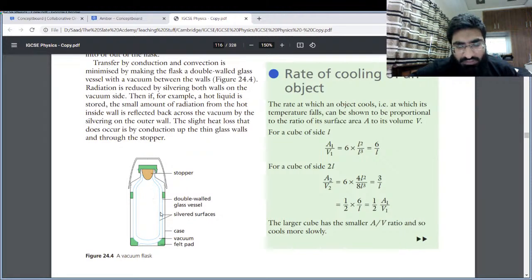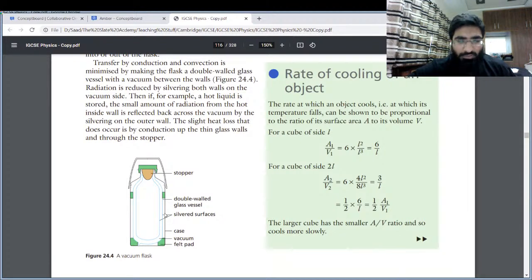Then these silver surfaces stop heat from getting out of the flask by means of radiation, because silver and shiny surfaces reflect heat back. In between we have a vacuum, so heat cannot pass out of this flask by conduction and convection.